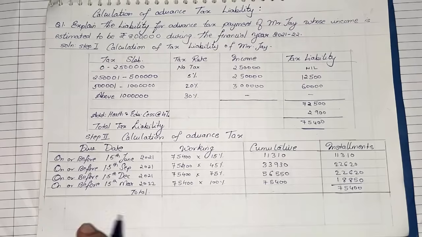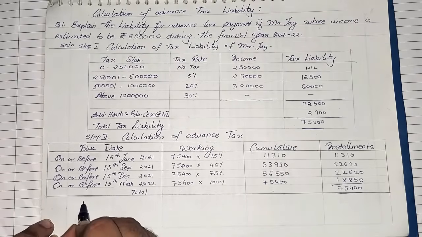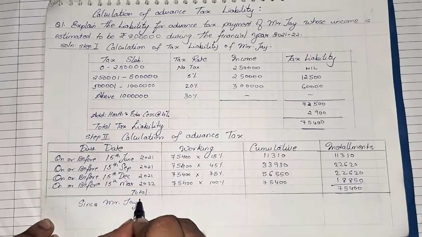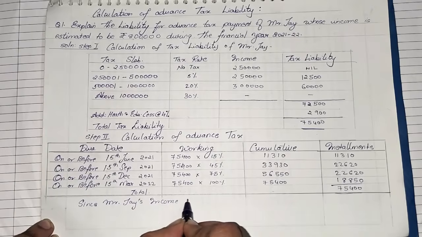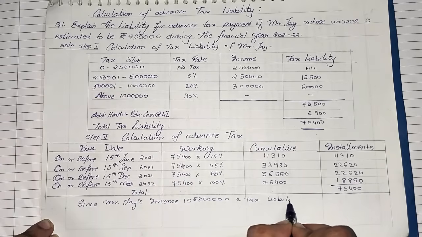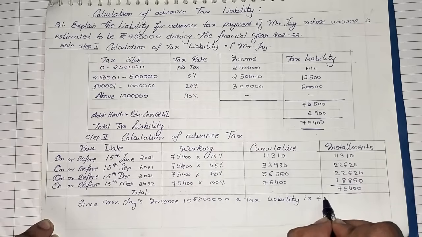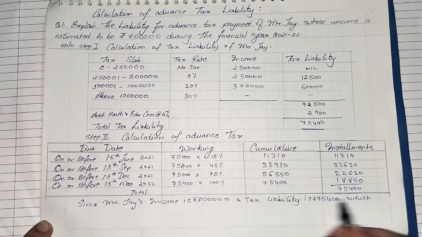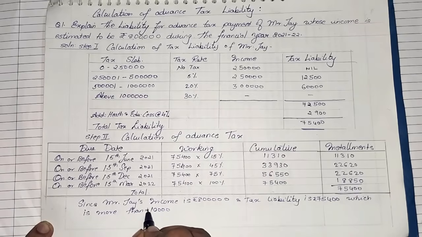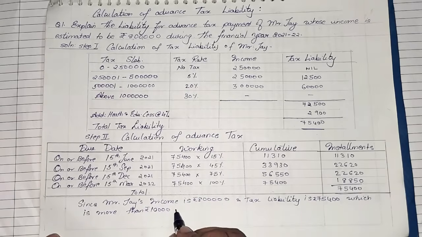So we'll write here, since Mr. J's income is 8 lakhs rupees and tax liability is 75,400 rupees, which is more than rupees 10,000.